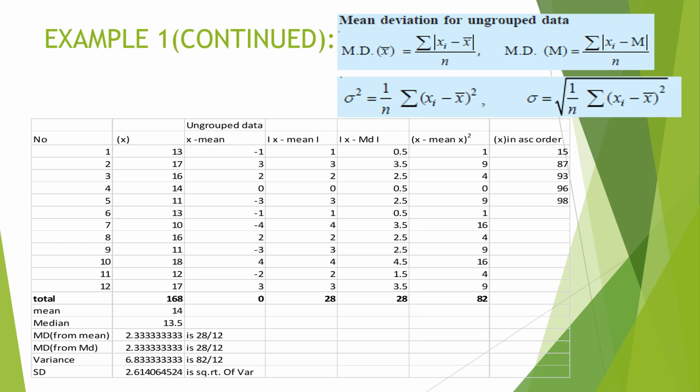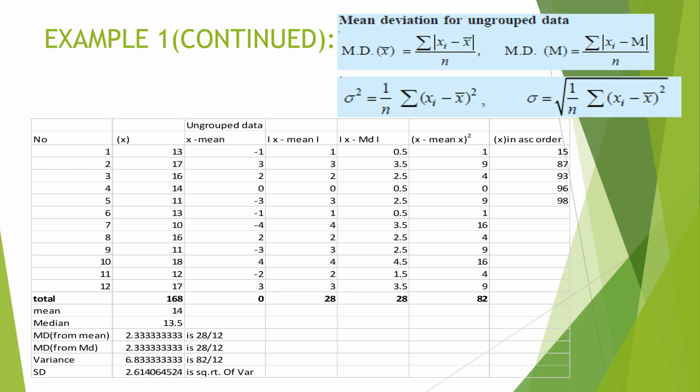Take the absolute value, it is 0.5. In this way list down all the absolute values of x minus median and sum them up. You get that equal to 28. This is a special case in which both the sums are 28. It doesn't happen every time. So mean deviation from median in this case is 28 upon 12, which is again 2.33.